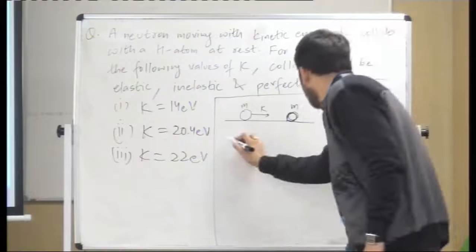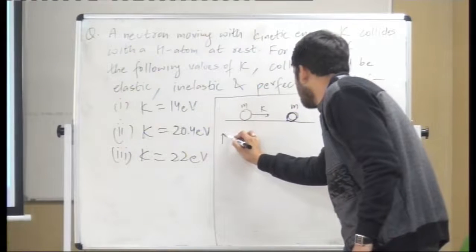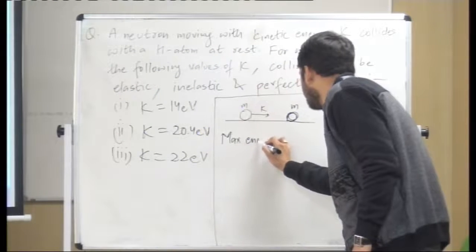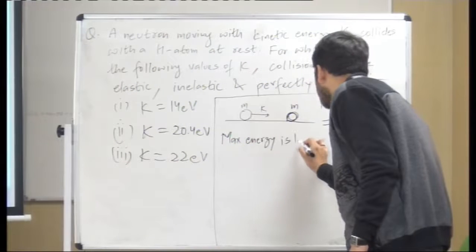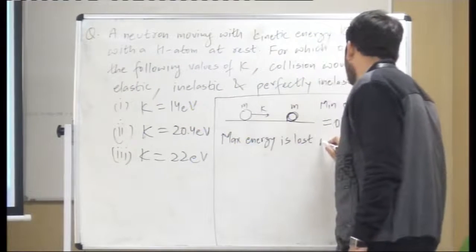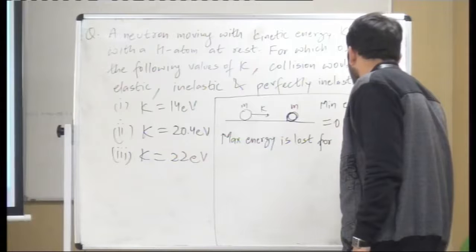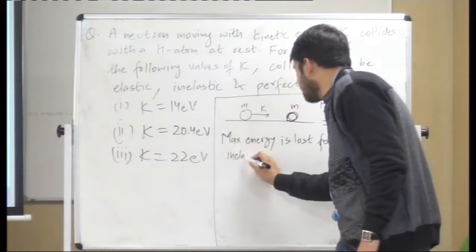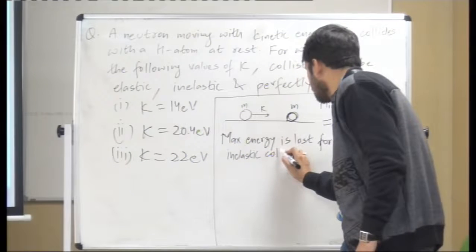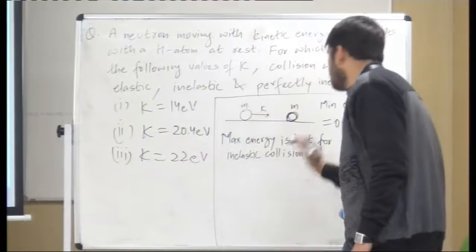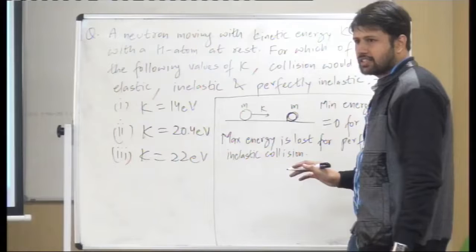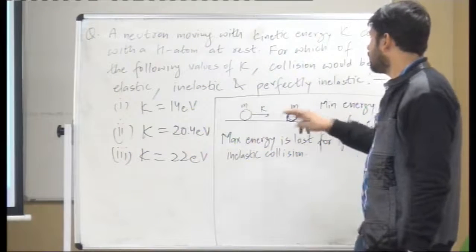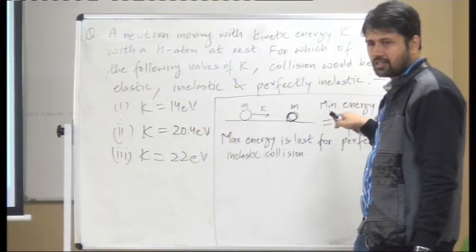So maximum energy is lost for perfectly inelastic collision. When perfectly inelastic collision is there, both of them move together, right?